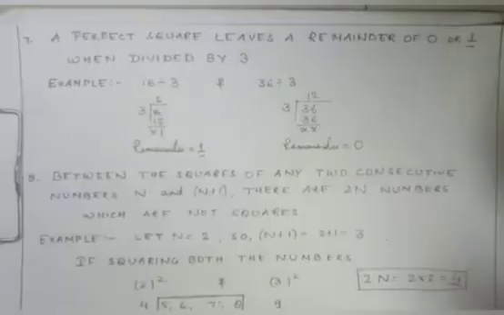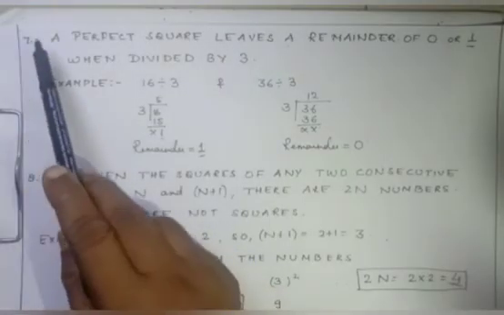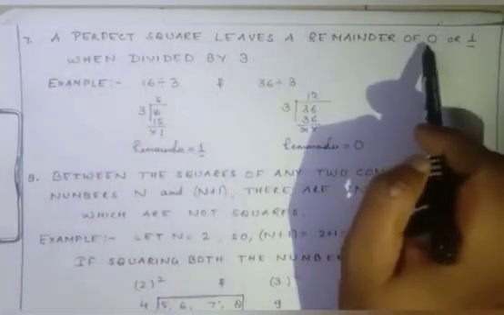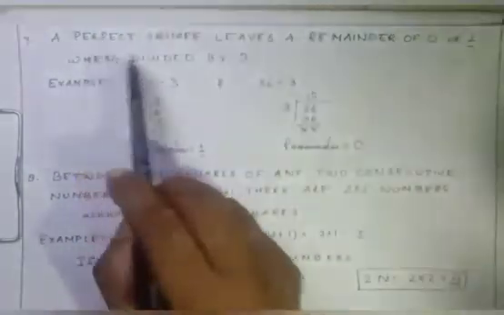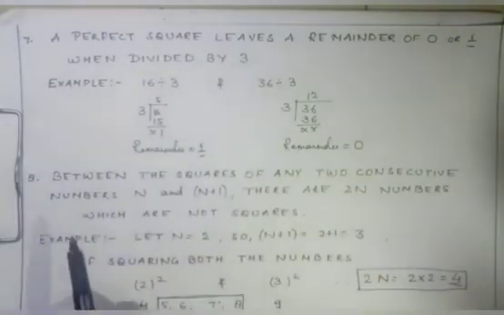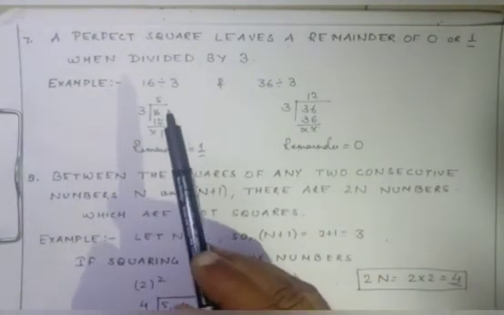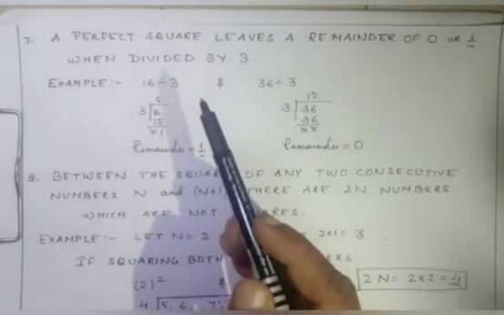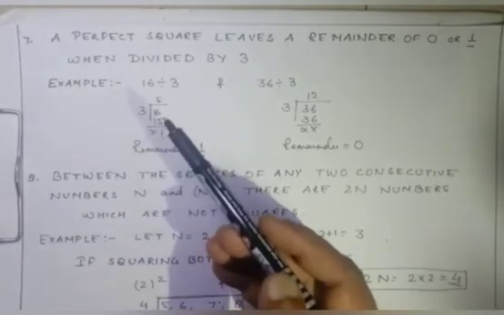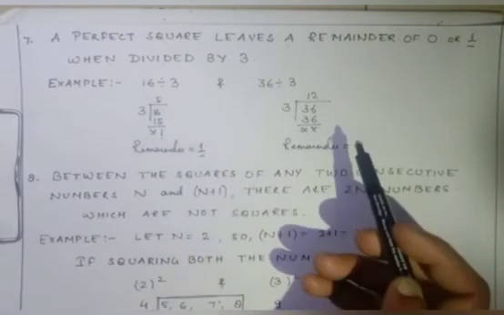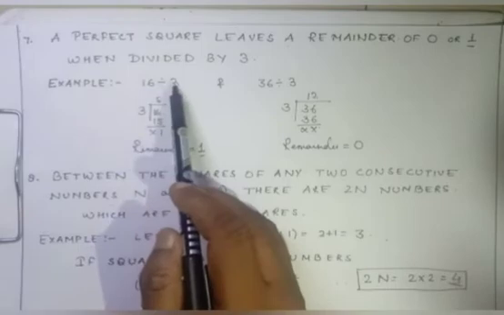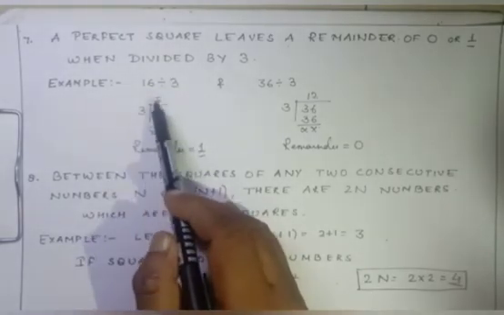Let us come to another property, that is property number 7. A perfect square leaves a remainder of 0 or 1 when divided by 3. Whenever we divide a perfect square by 3, we get a remainder of 1 or 0. Let us see with the help of an example. 16 divided by 3. When I divide 16 by 3, 3 fives are 15.